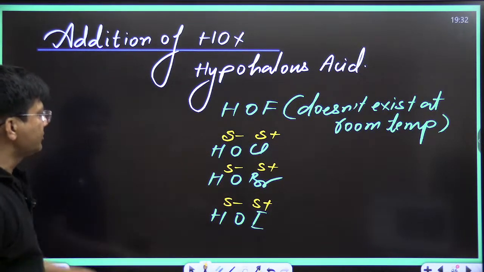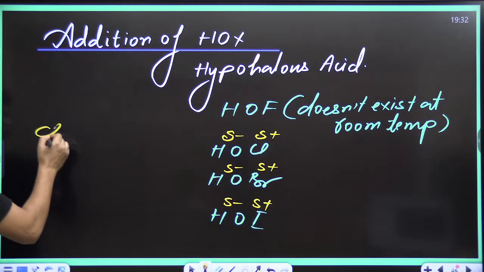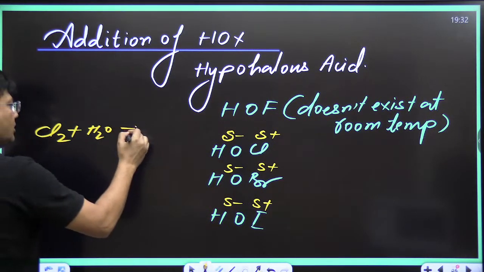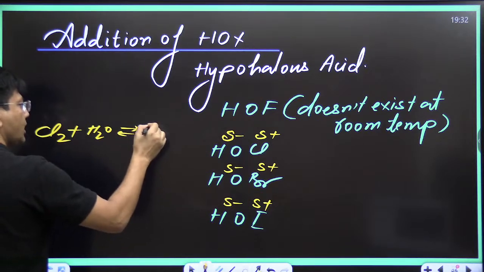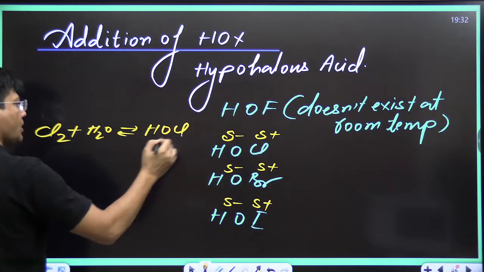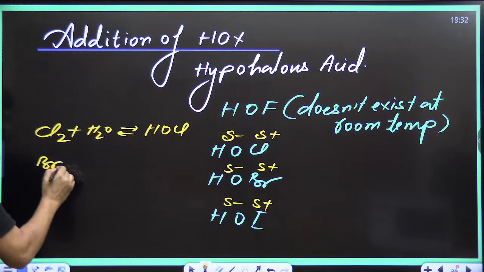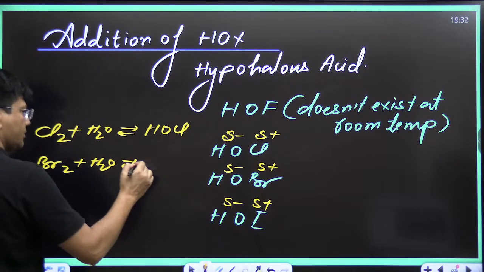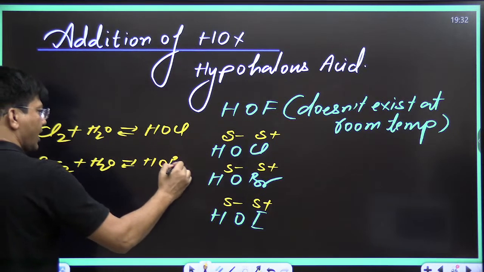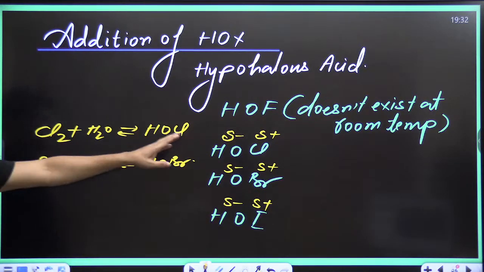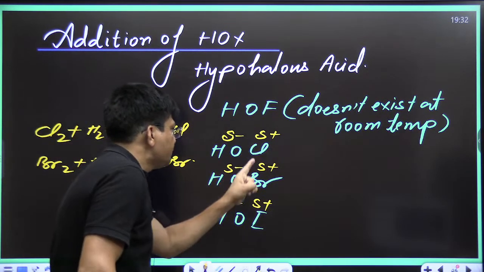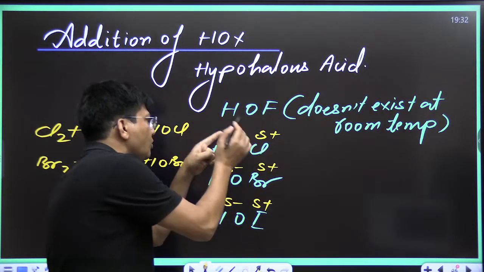In place of this, they can also give you Cl2 plus water, which means it is going to give you HOCl. Br2 plus water, if it is given, means HOBr. I hope that everyone is able to understand. It can be given like this, it can be given like this. So this is the E part, and the E part has a lone pair.